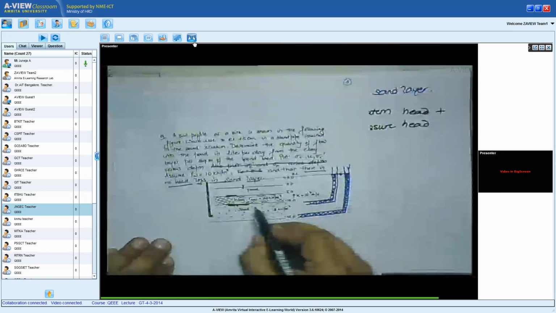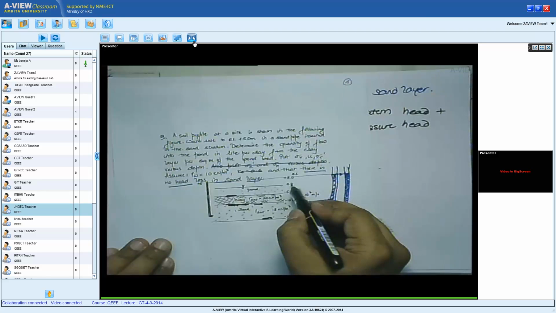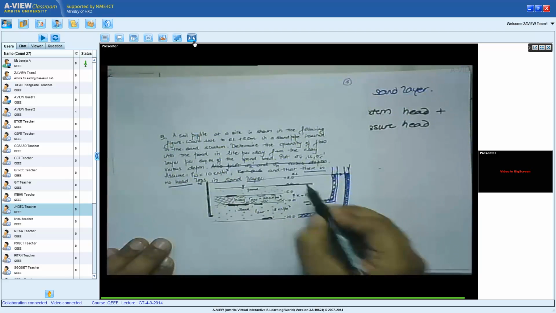Okay, let me zap this figure again. I'm looking at this level. So elevation head, I can choose, in all previous problems we have taken the datum as somewhere here. I can choose the datum again as this level, but in this example the values have been given. So obviously the question suggests that I should choose this as datum, okay.